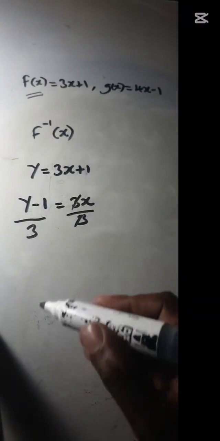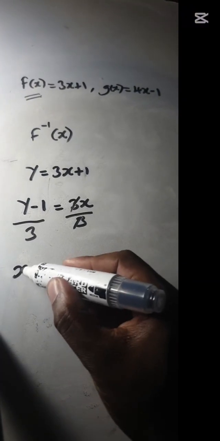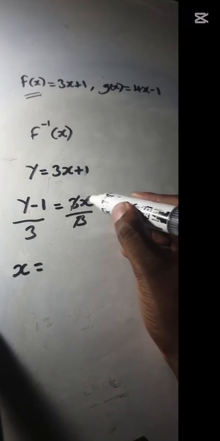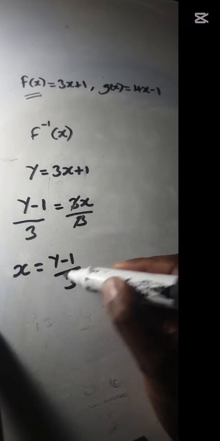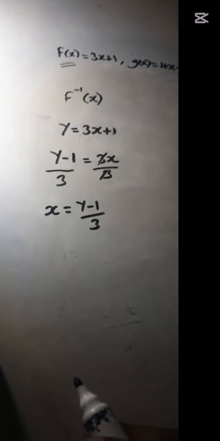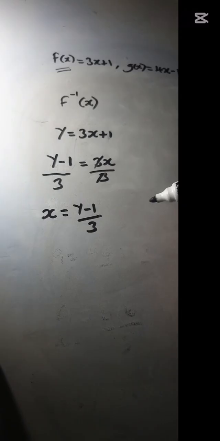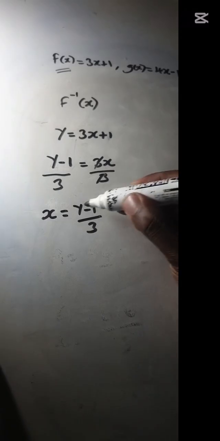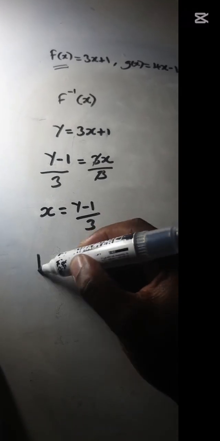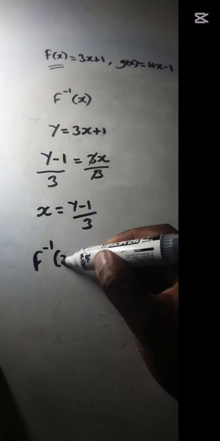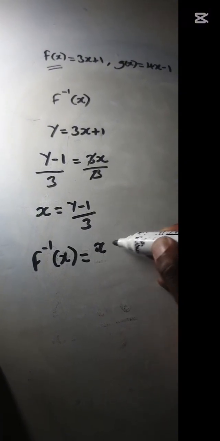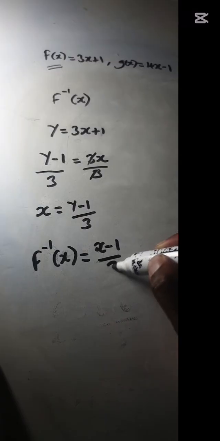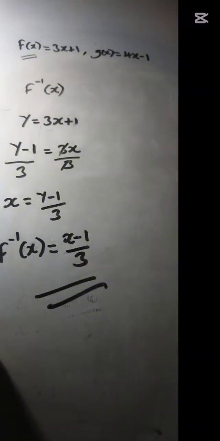So then I can simply say my x is alone there, equal to y minus 1 over 3. When I make x to be alone, I shouldn't end it at y. So I'll bring in the inverse of f of x, which is now equal to, where there is y, I replace back with the x. Just like that.